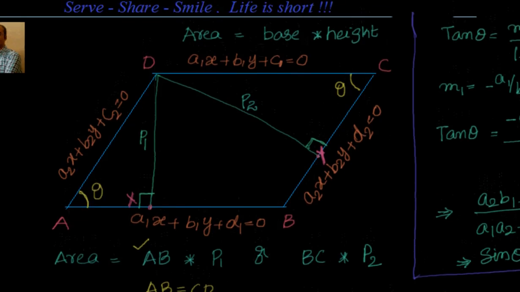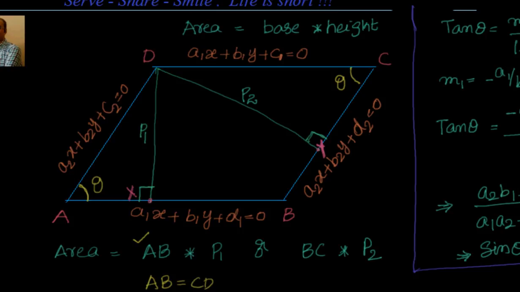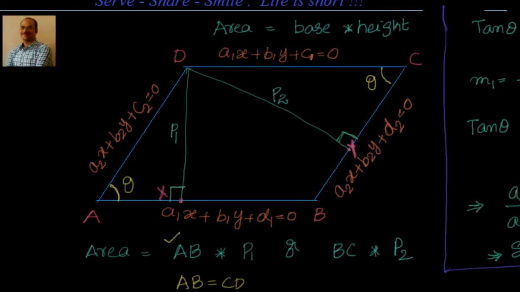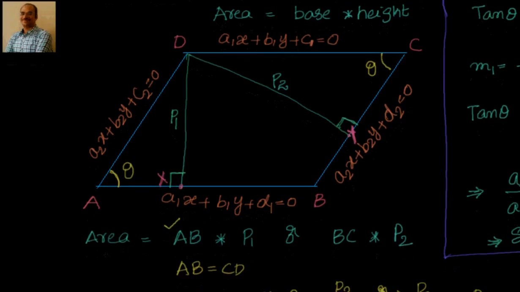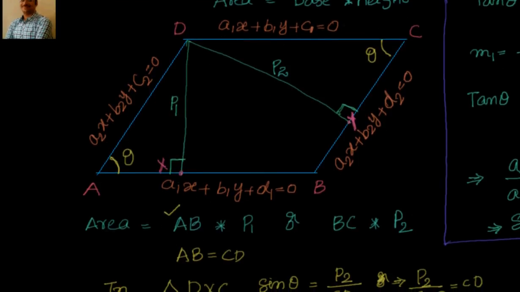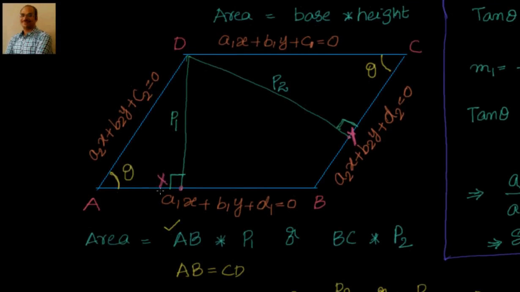We have been asked to find the area of the parallelogram. They have given us the equations of the four sides. We know that in a parallelogram, opposite sides are equal and also parallel. So we have two pairs of parallel sides. That immediately tells me I can find the heights or altitudes very easily, because that is nothing but the distance between two parallel lines. So that way I can find P1 and P2. The problem is how to find the base length.